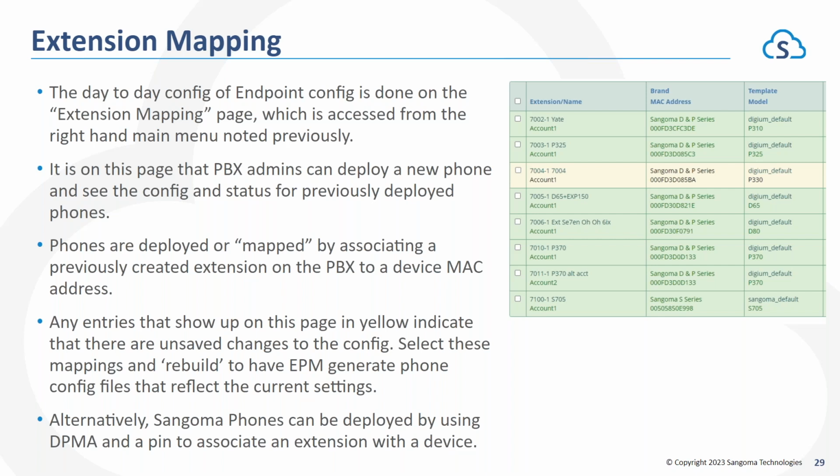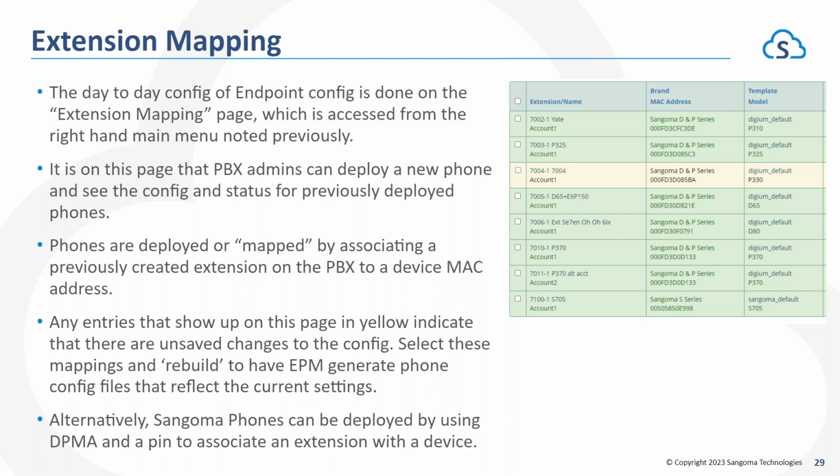Deployed phones are mapped by associating a previously created extension on the PBX to the MAC address for the phone. You'll note that any entries that show up on this page may be in yellow or green, as the example illustrates. All of the configurations for the green devices indicate that they are built and up to date.